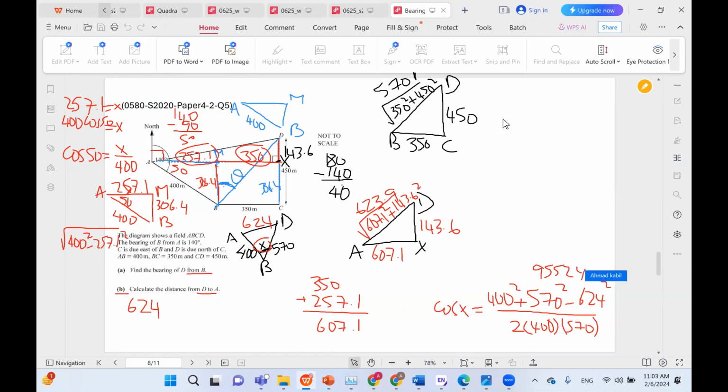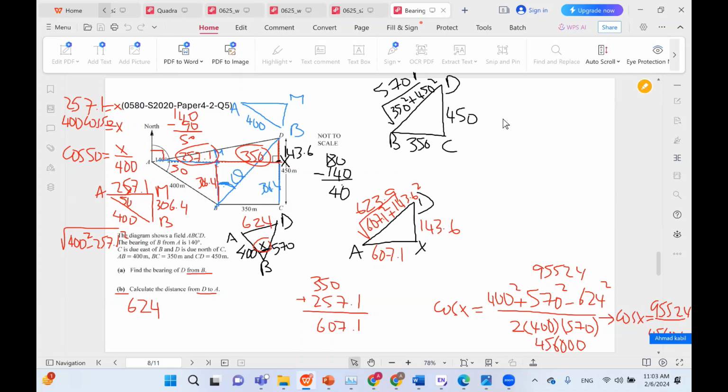And the denominator is 2 multiplied by 400 multiplied by 570, which is 456,000. So cosine X equals 95524 divided by 456,000.